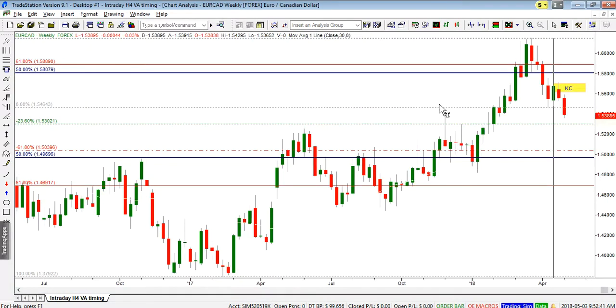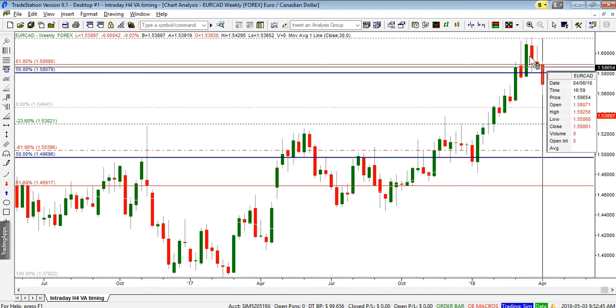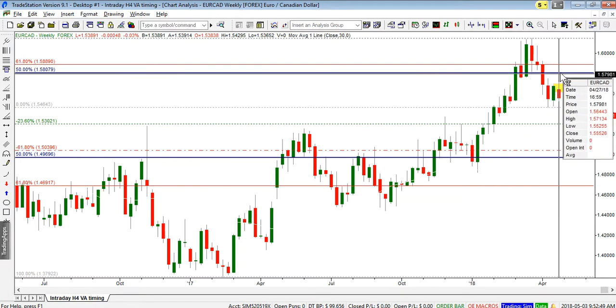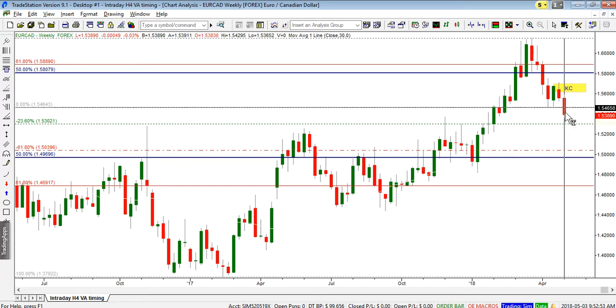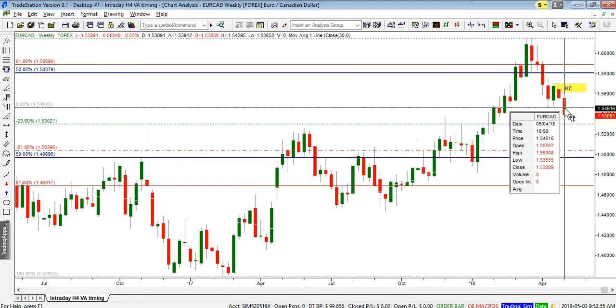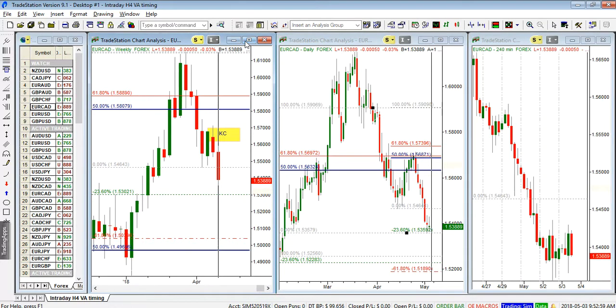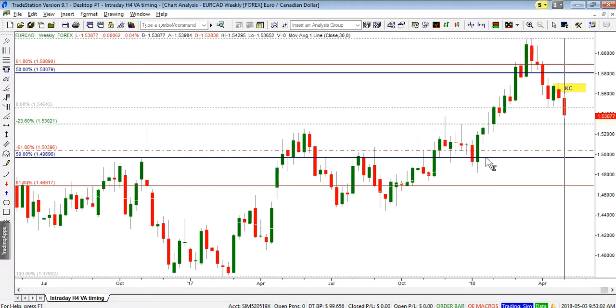You remember that this market had failed the sequence of measure moves, started a move lower, could not make it into the 50% short, 158.07, other markets did, and continued lower. That's what we saw here on the weekly. Now, if this market continues lower here, that is the 50% of the whole measure move.